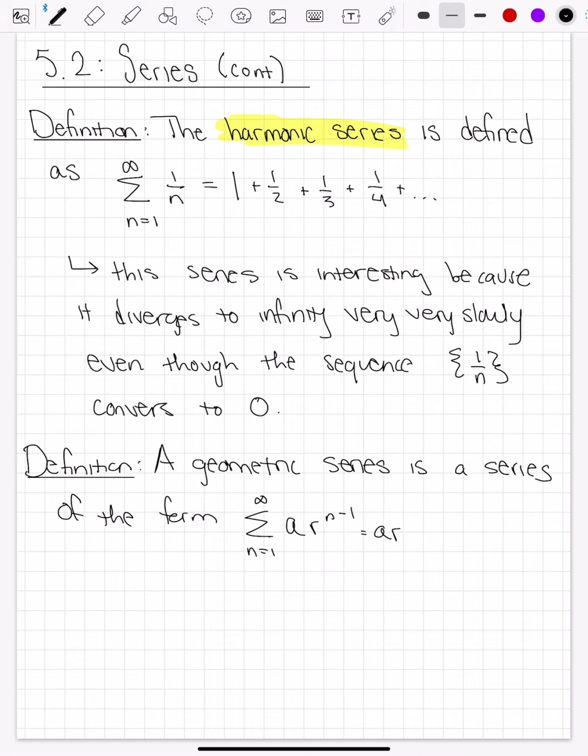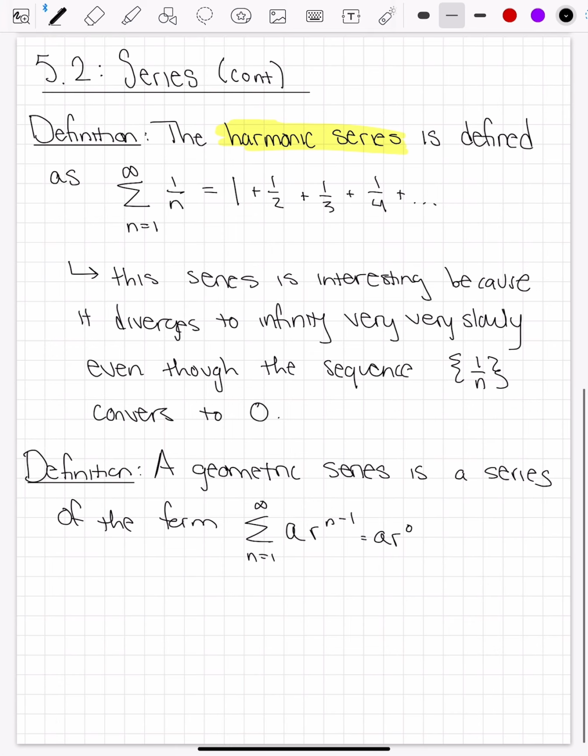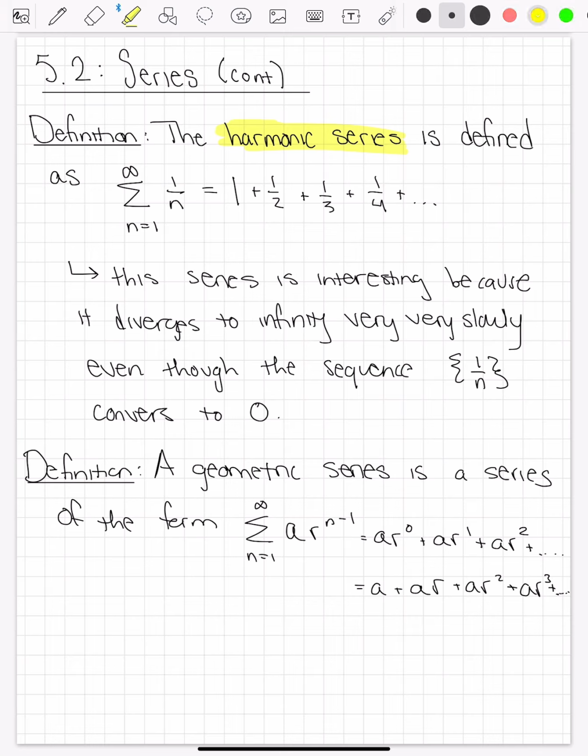So the first few terms are a times r to the 0, plus a times r to the 1, plus a times r squared, and so on and so forth. That simplifies, since anything to the 0 power is just 1 and anything to the first power is just itself, so it goes on forever, multiplying by r each time. Remember, r is what we defined as our ratio in a geometric sequence. So it's the same thing here: to get from one term to the next, all you do is multiply by your ratio r.